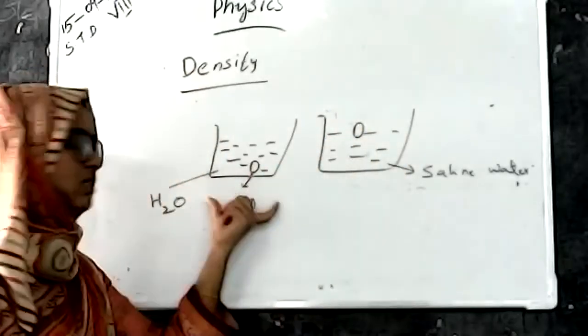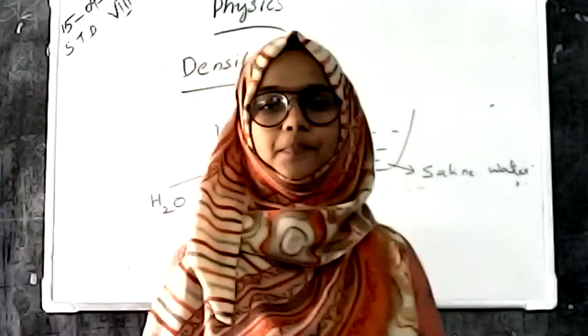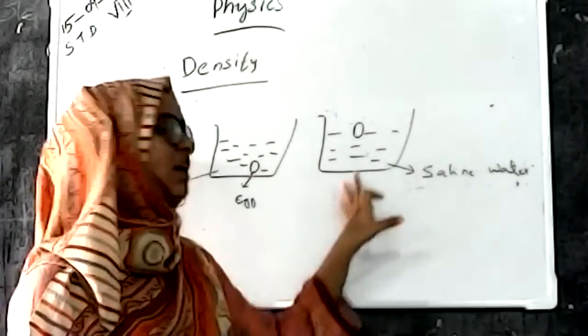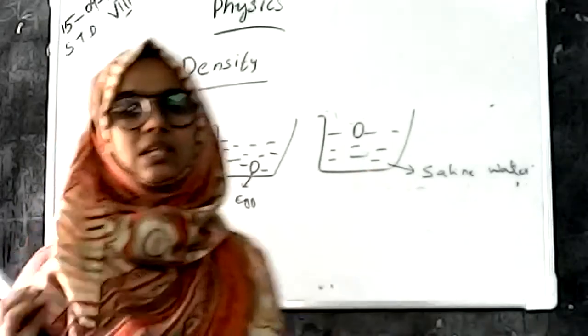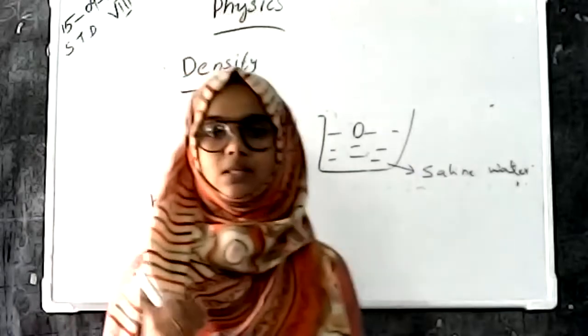So the density of water is different from the density of saline water. Here we add salt to the water, that's why the density of the saline water increases. So based on density, every liquid has a different density.